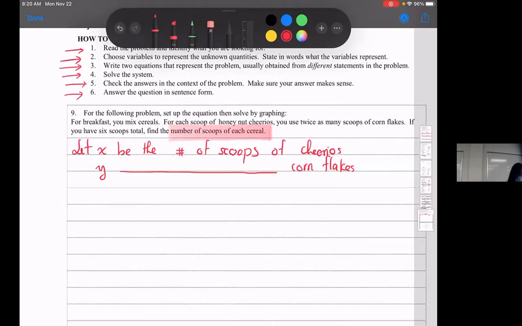What do we have? It says that for each scoop of Cheerio, you use twice as many scoops of cornflakes. So what does that mean? For each scoop of cereal, you use twice as many scoops of cornflakes.